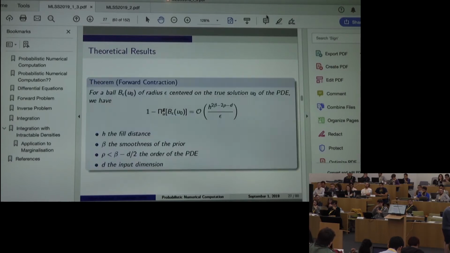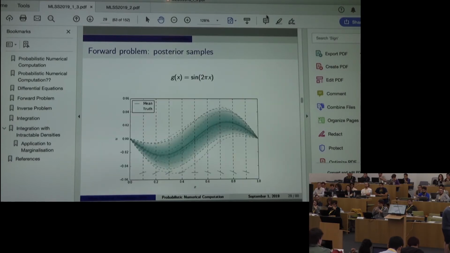tutorial. And the key point here was that the solution of the PDE, from a numerical perspective, would be the approximation plus some approximations of bounds on the numerical error. The probabilistic solution is the posterior measure.